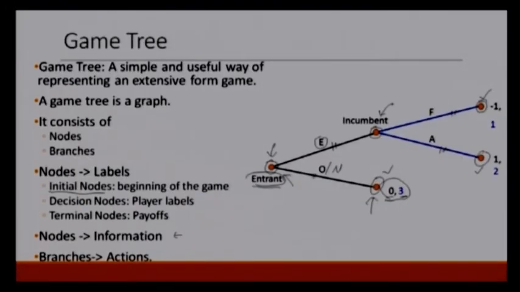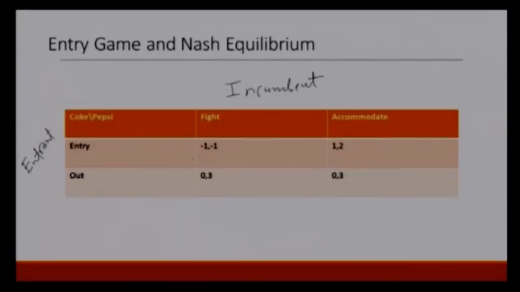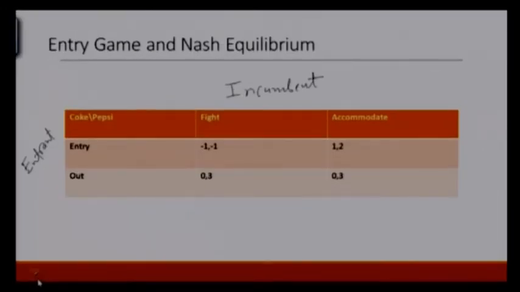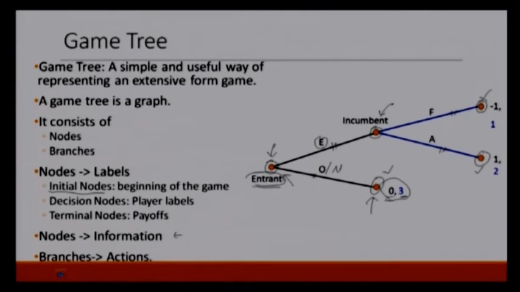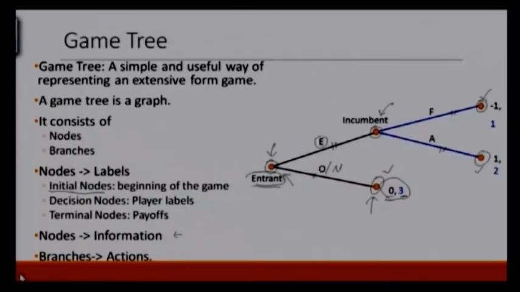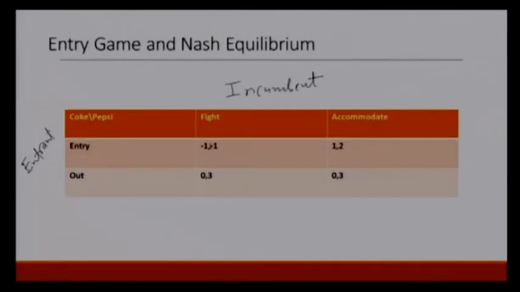It is very clear that if entrant enters and incumbent fights, then the payoff is -1 and +1. This should be +1, sorry. Similarly, when entrant enters and incumbent accommodates, then the payoffs are 1 and 2 respectively.